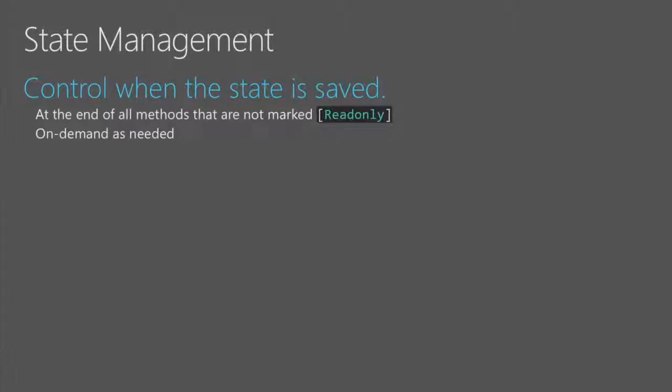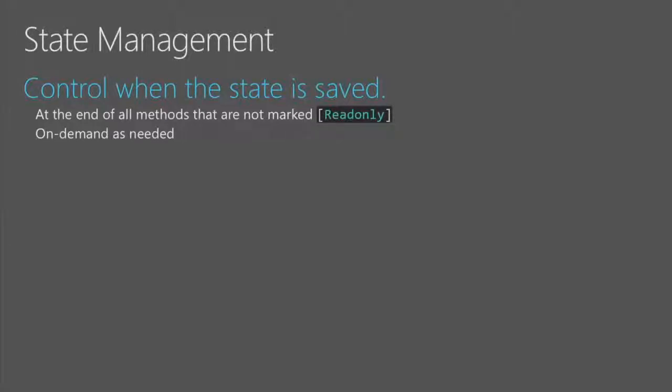So why are you paying the cost of replicating the state when there is no modification? So what you can do is mark the method as read-only. You can mark that either in the interface or in the implementation. Because sometimes once you define an interface, it may not be clear whether the implementation will actually make the state immutable or not. And so you can do that even at implementation time.